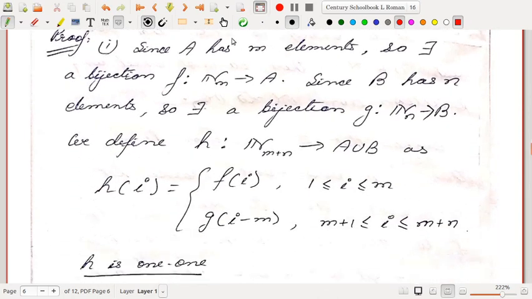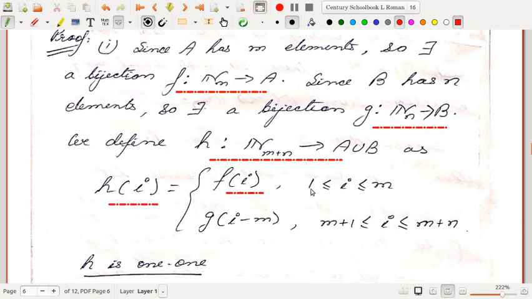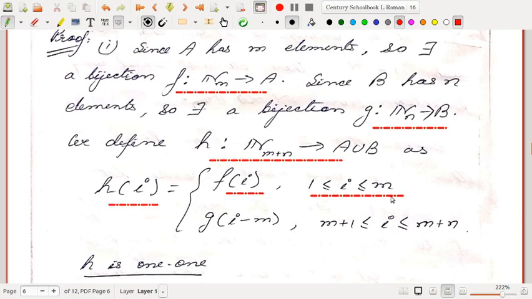Since A has m elements, there exists a bijection F from Nm to A. And since B has n elements, there also exists a bijection G from Nn to B. So we define a new function h from N(m plus n) to A union B as h of i equal to f of i if i lies between 1 and m, and if i lies between m plus 1 and m plus n, we define it to be g of i minus m.